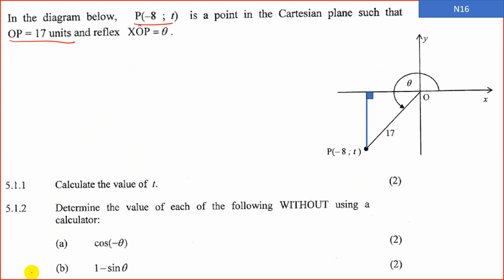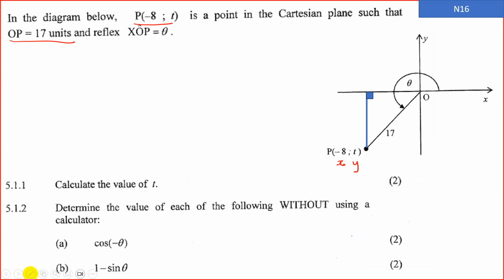I want to remind you that in P(-8, t), -8 represents x and t represents y. The first thing we're going to do is find the value of t.